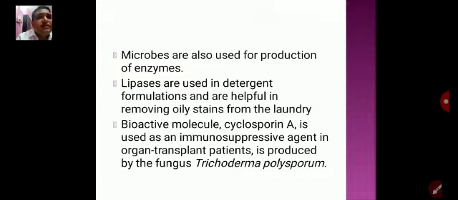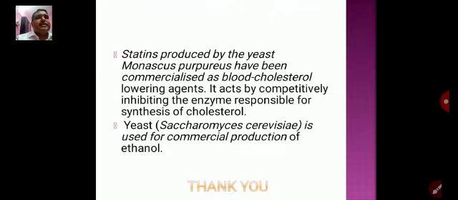Other bioactive molecules are like cyclosporin A. Cyclosporin A is an important bioactive molecule produced by the fungus Trichoderma polysporum. It has immunosuppressive properties and is used in organ transplantation.